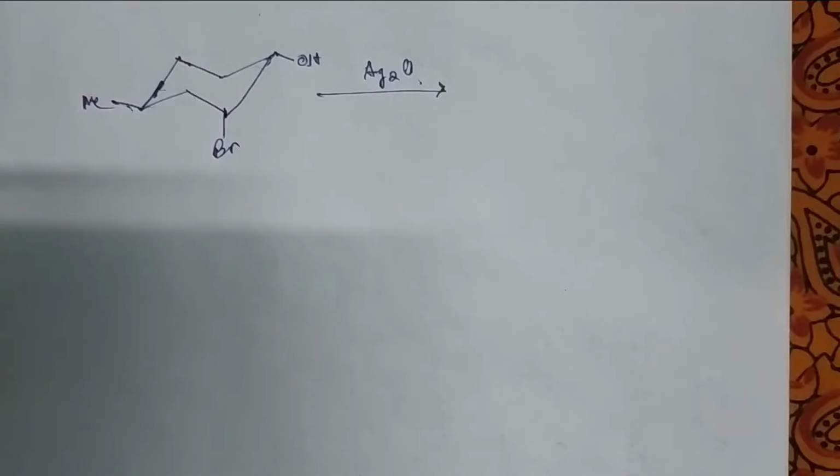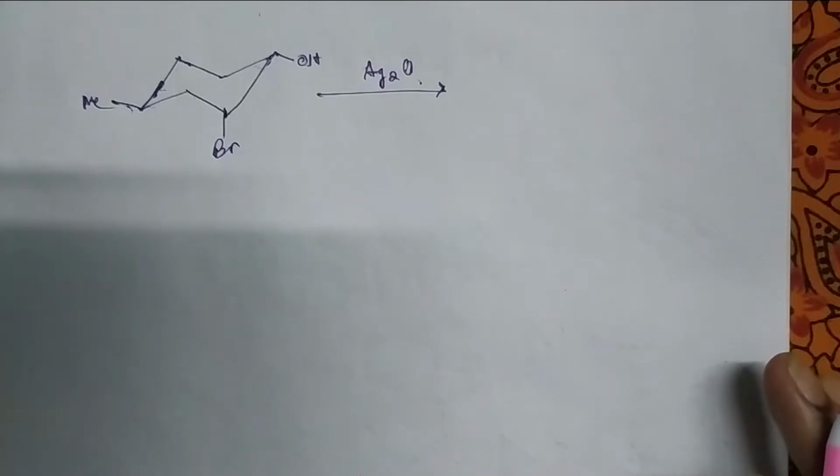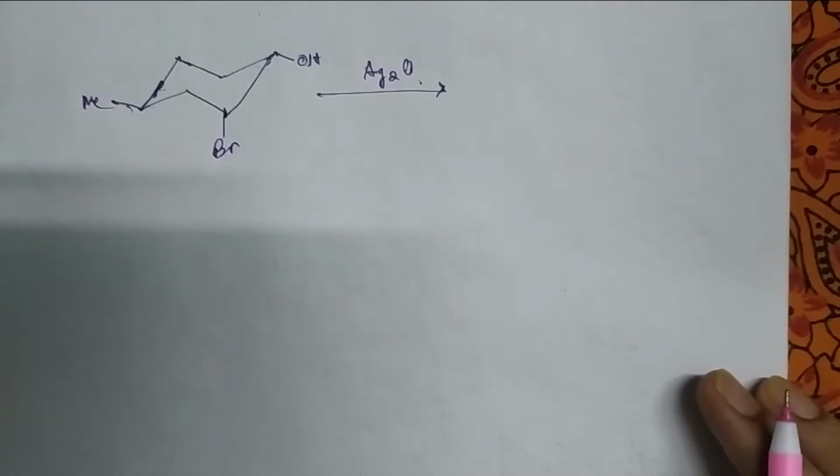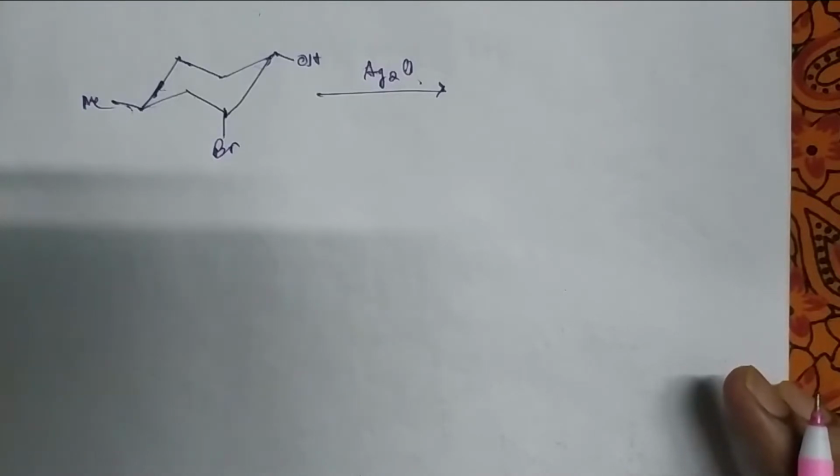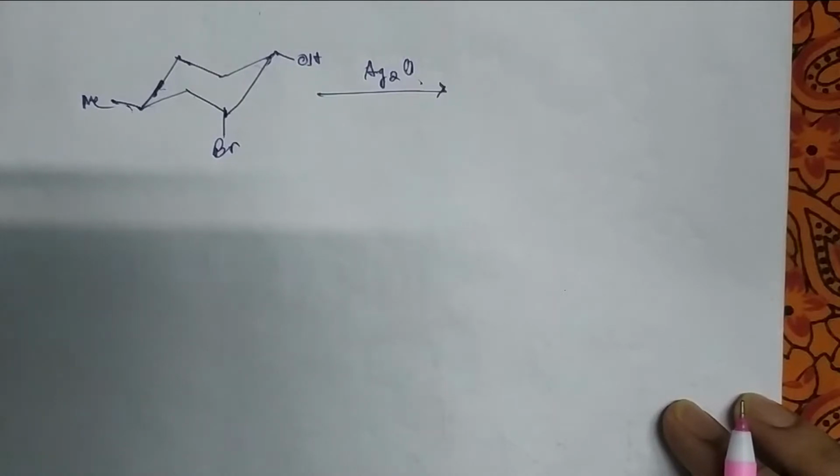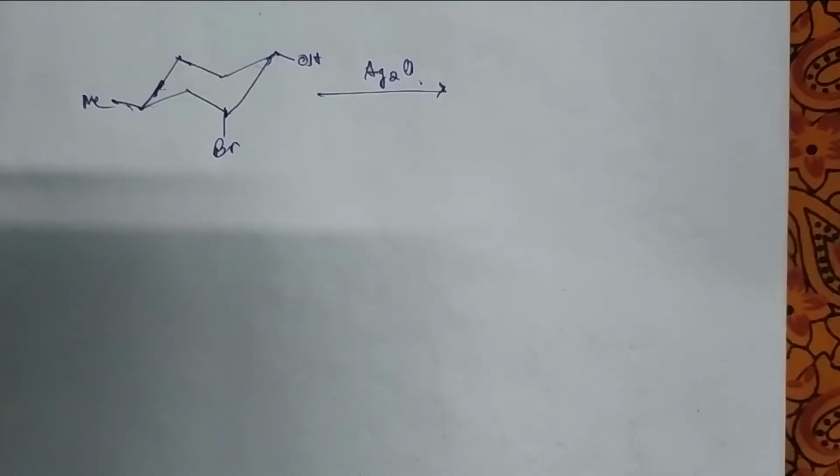So there are 2 sets of questions. At first, one confirmation I have written. This has appeared in GATE exams. Here we can see that the reagent is silver oxide. This just exists as Ag plus and O2 minus, and O2 minus, you know, acts as a base in the reaction medium.